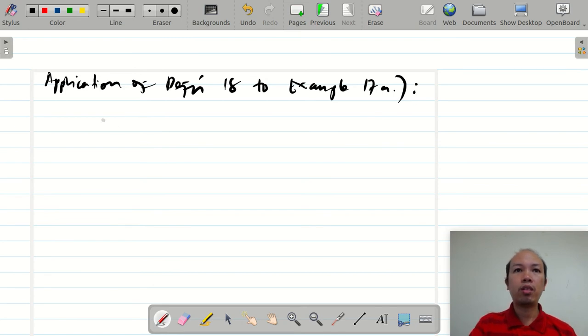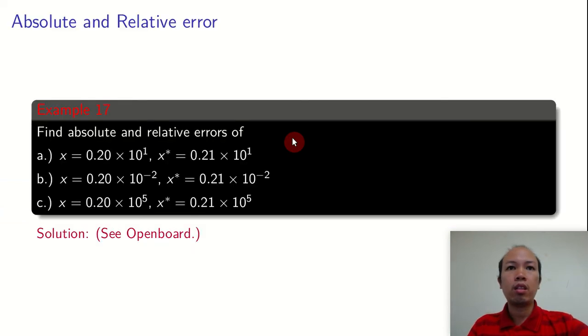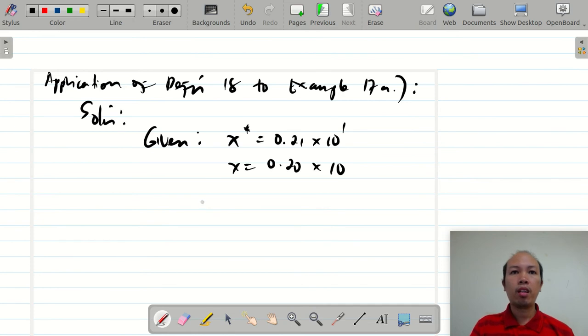Notice that in our given, we have x asterisk, which is 0.21 times 10 to the 1. Our x is 0.20 times 10 to the 1.